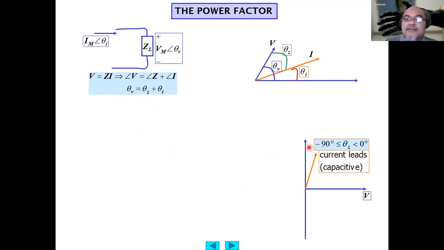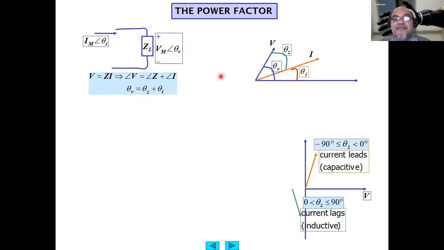So theta Z is less than 0 degrees, but larger than minus 90 degrees, since voltage equals Z times I. So when theta Z is negative, between 0 and negative 90 degrees, it means that the voltage lags the current, or the current leads the voltage. These are different ways of expressing the same fact, equivalent.